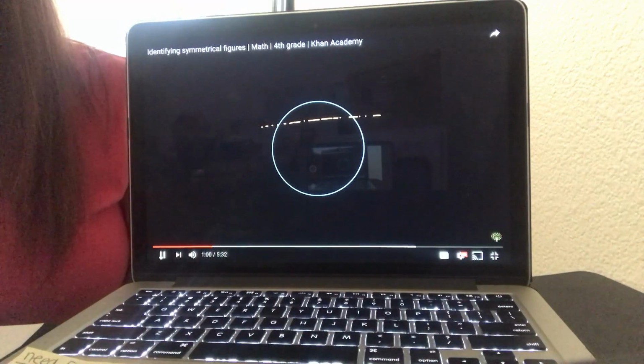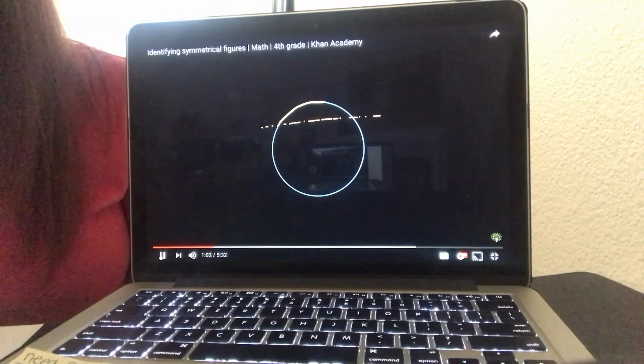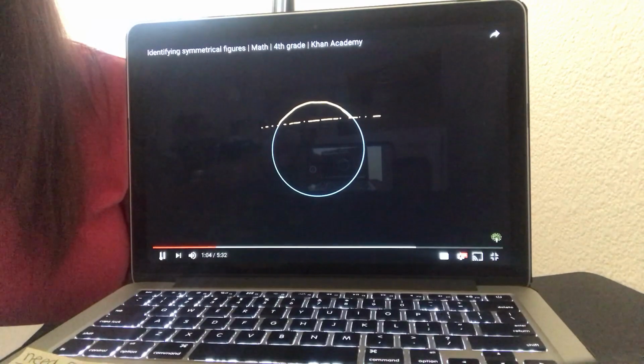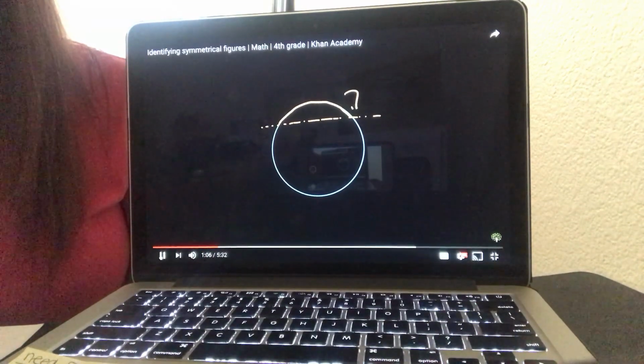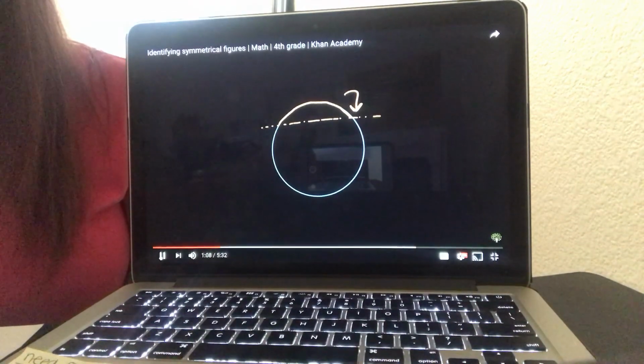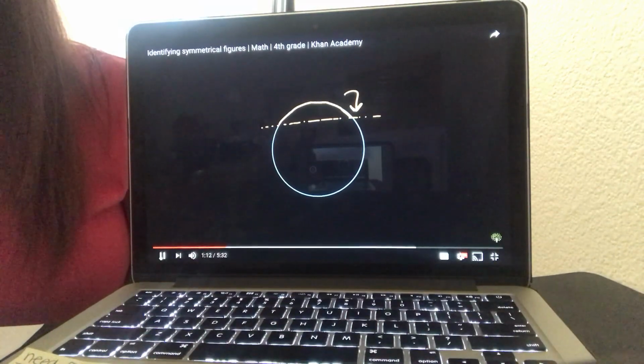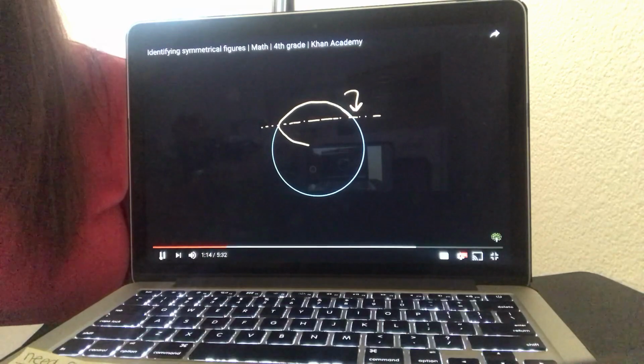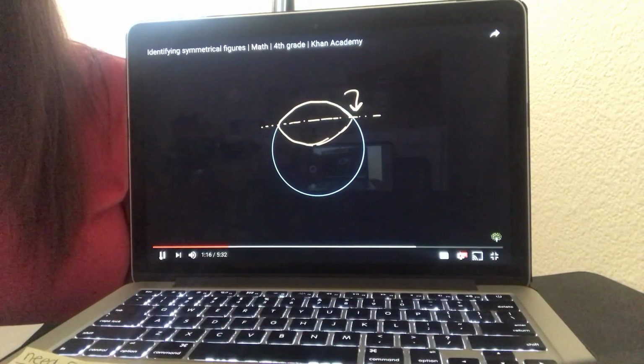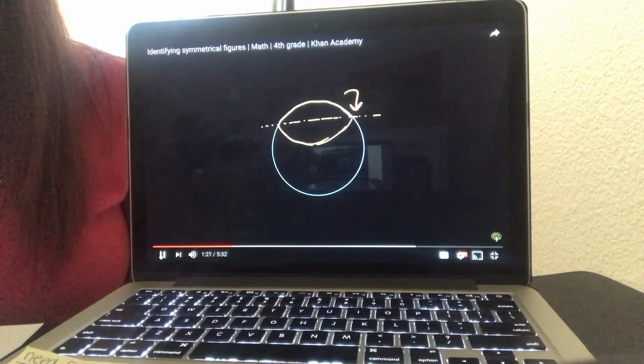So let's take one side, doesn't matter which one, let's say the top side. If we were going to fold this top side down onto the bottom, would it match exactly what is shown under here? It would probably look something like this. Does that match exactly? No, definitely not. So this is not a line of symmetry.